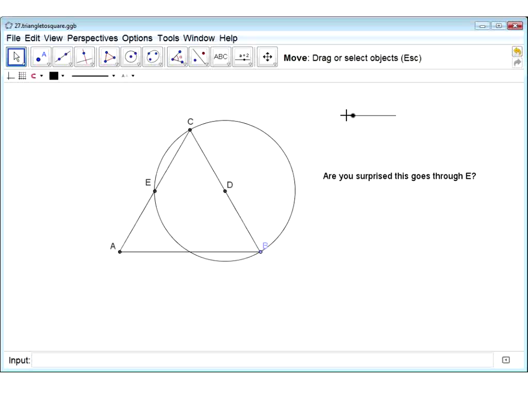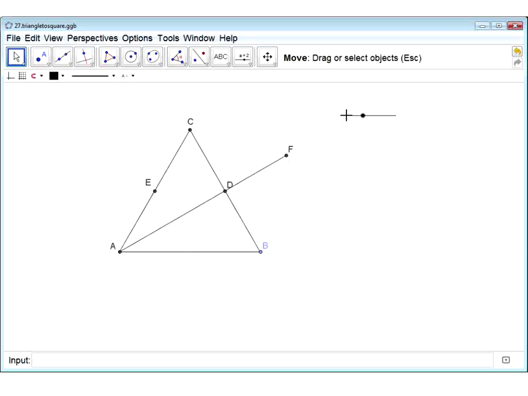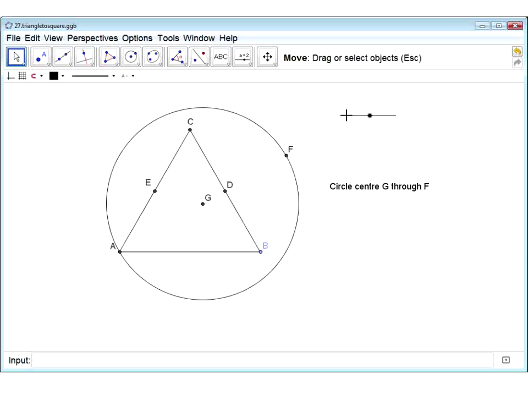Draw the circle centre D through C, and extend line AD so it meets the circle at a point we'll call F. Then find the midpoint of AF and call that G, and draw the circle through centre G through F. Nobody is expected to be able to see where this is going or why these things work. That's an activity for us as tutors rather than the students, I suggest.